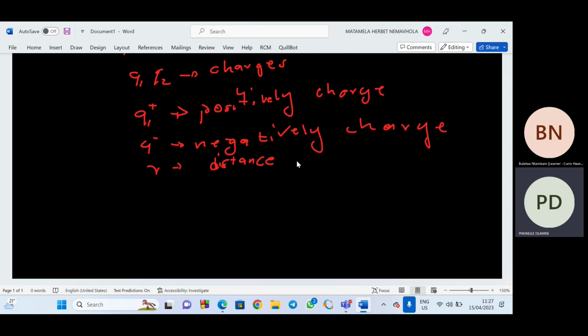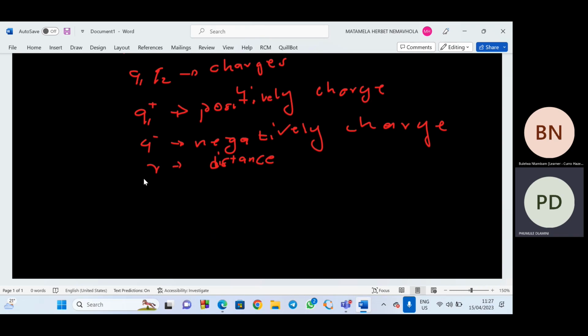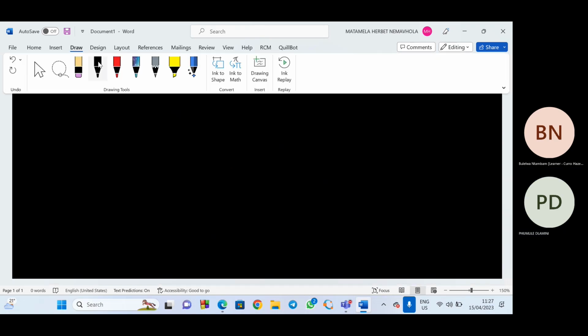So now I will give you a scenario whereby we are going to apply the Coulomb's law formula. Suppose we have two charges. Let me just write this question down first, then I'm going to read it to you.